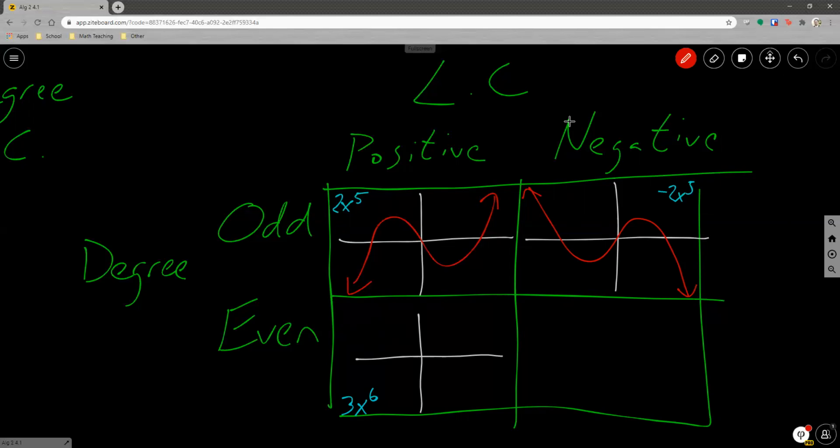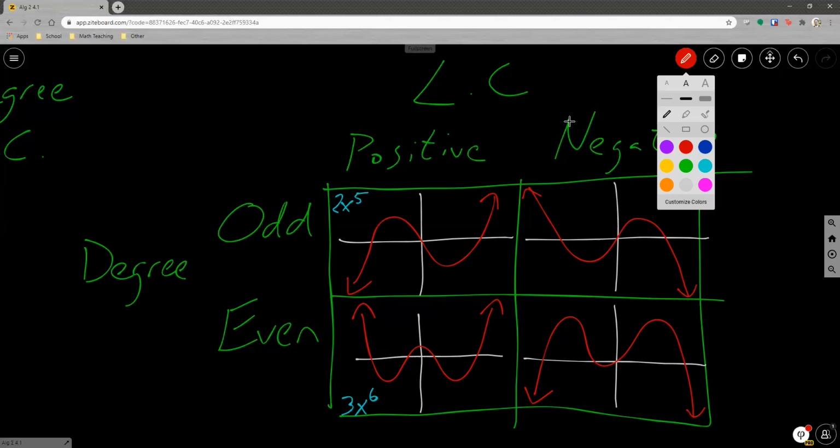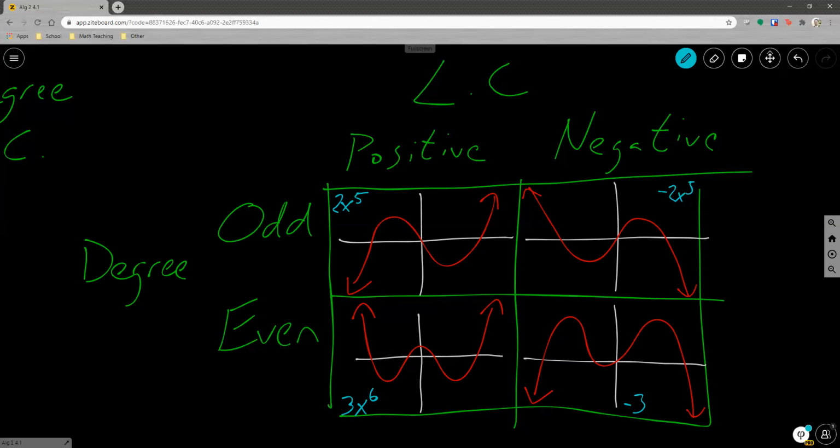My function, in general terms, is going to look something like this. And then finally, we've got even degree and negative coefficients. And in general terms, it's going to look something like this. Maybe this is negative 3x to the 6th.